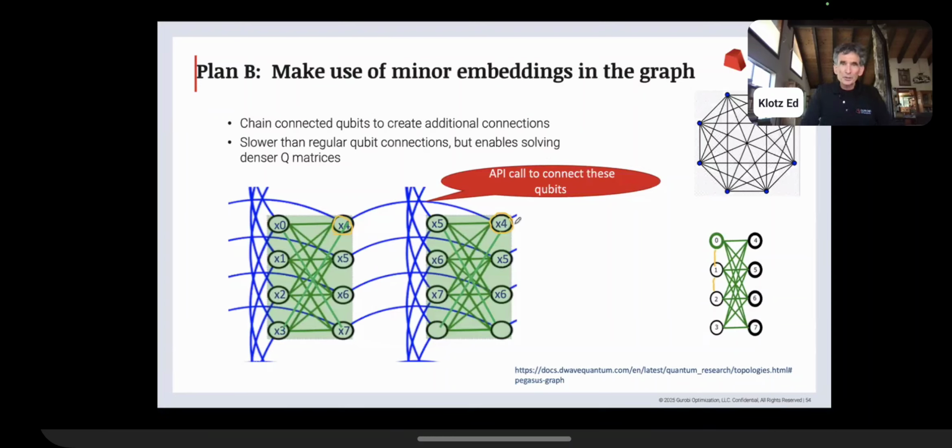What have we accomplished now, though? Now we've opened the door for x4 to, in this adjacent cell, it does have connections to x5, x6, and x7 that were lacking in the original unit cell here.